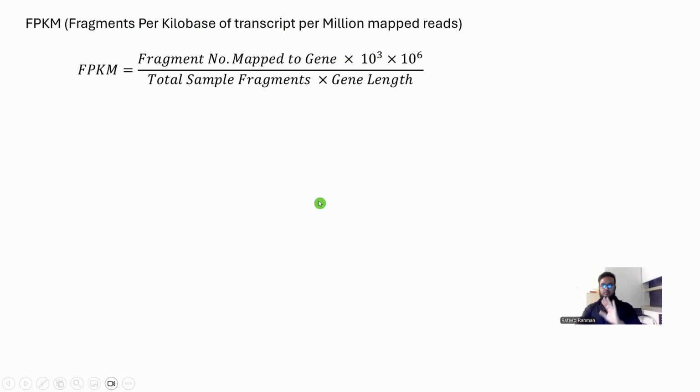Okay, let's now see an example. But before that, I want to just remind you of one thing. We are actually looking at fragment count here, not read count. We know the difference, right? We know the difference from lecture 2, the sequencing lecture. So basically, we have a forward read right here. We have a reverse read right here. And in paired end sequencing, these two reads together sort of mark the fragment, right?